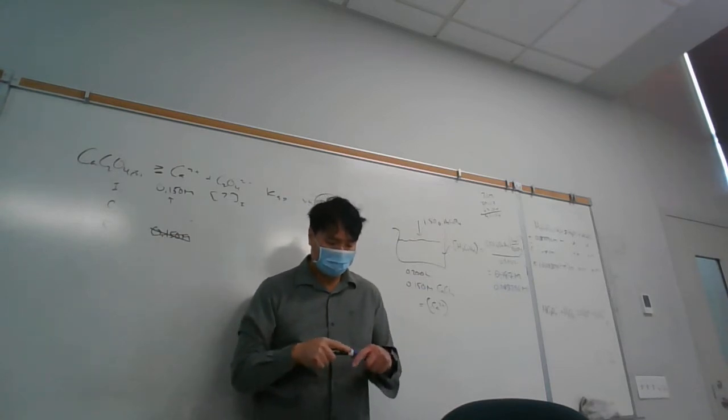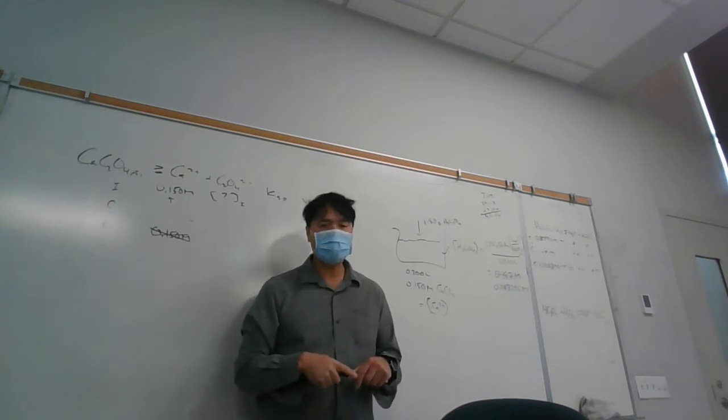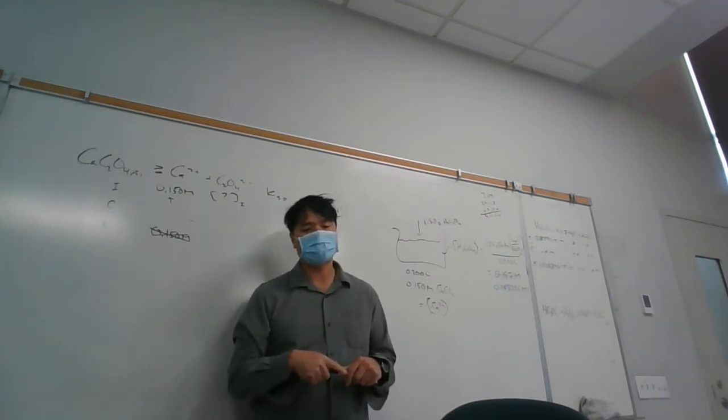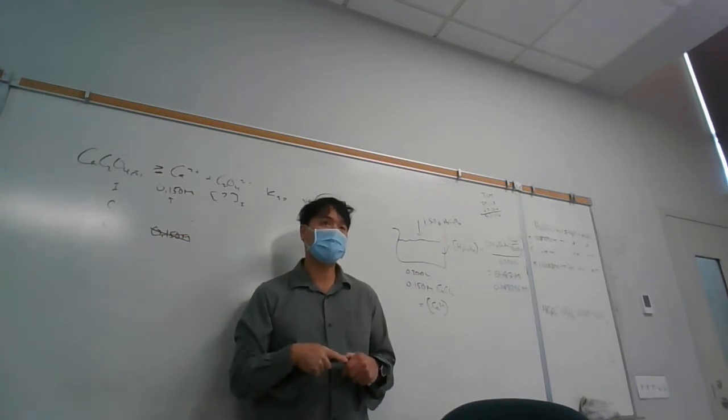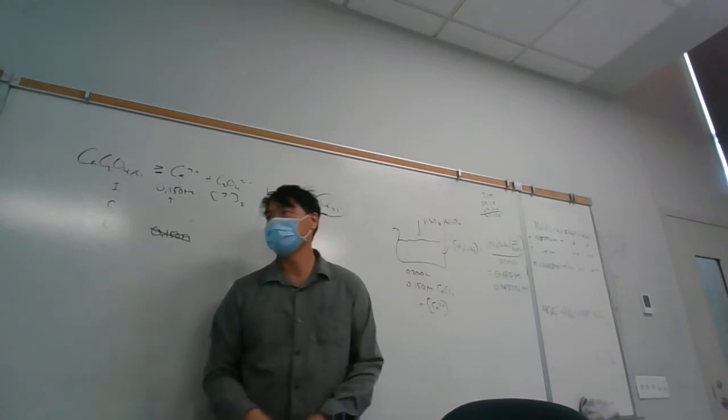This is a complicated chapter because it's easy to get mixed up as far as whether you combine the equilibria or do it separately, or whether you calculate the solubility or don't calculate the solubility.